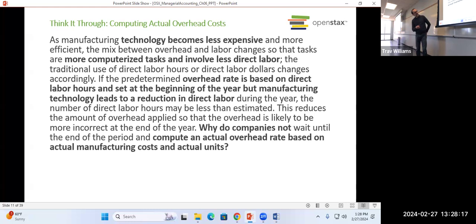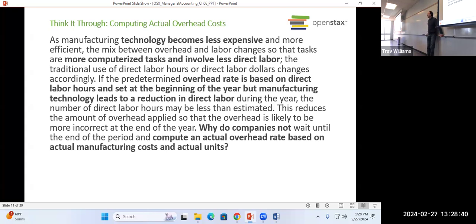Now here's an interesting question. Why don't we just wait until the end of the year when we know what our actual overhead costs are, and then figure out how much to apply to different jobs? Emma? You have to apply it for each batch with expenses.